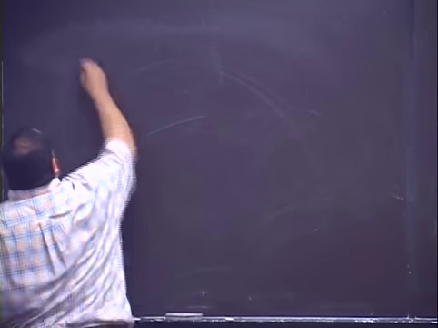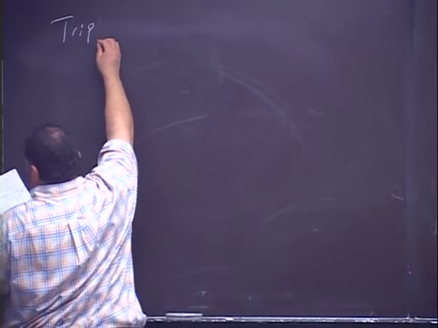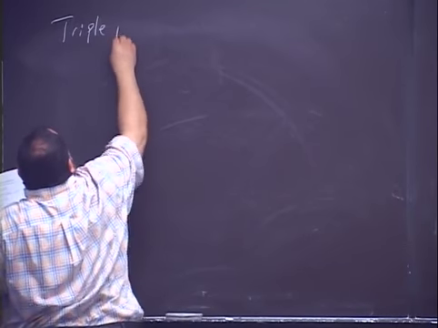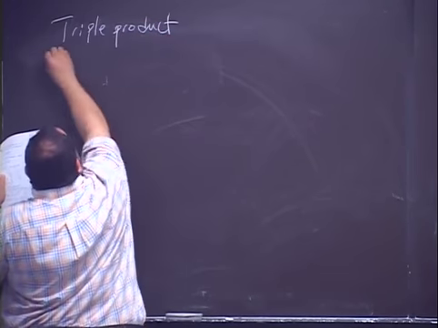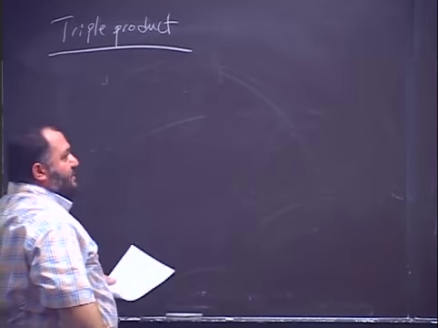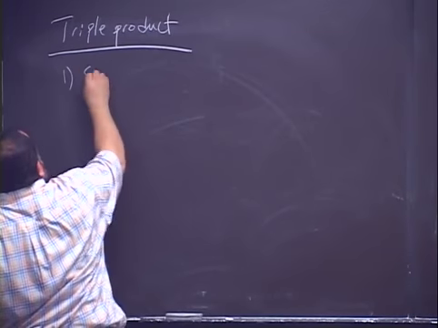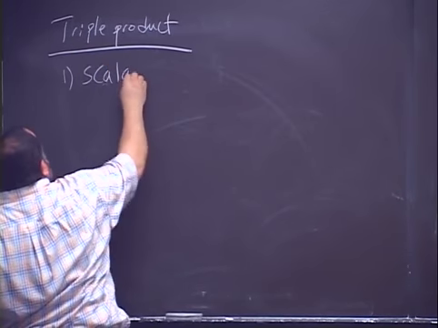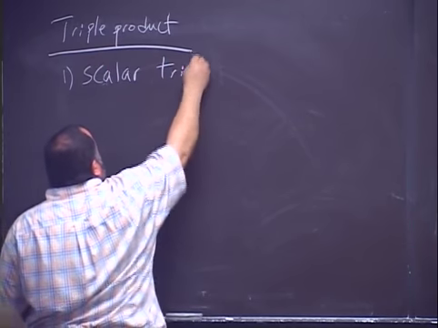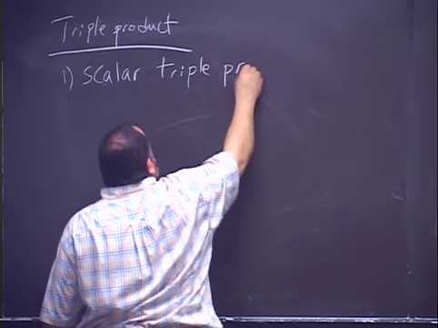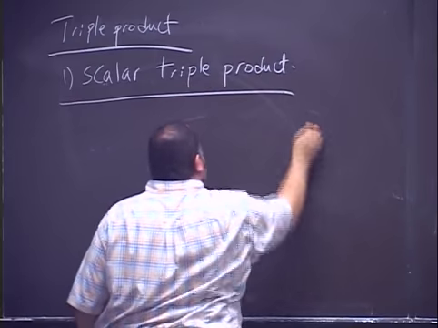So look at the triple product. The first one is the scalar triple product.